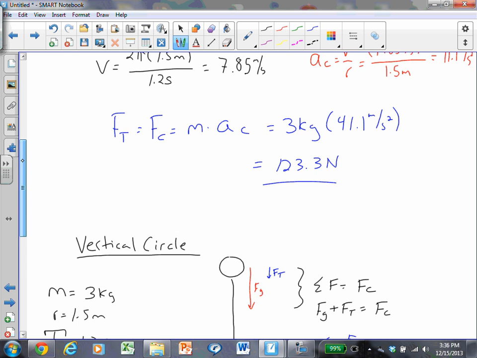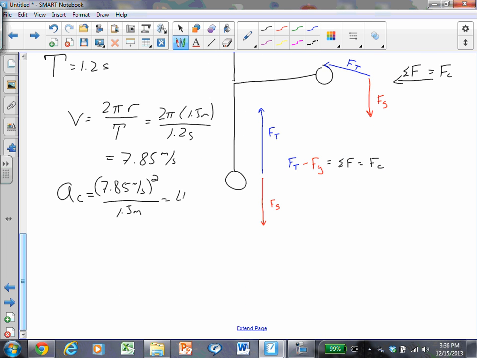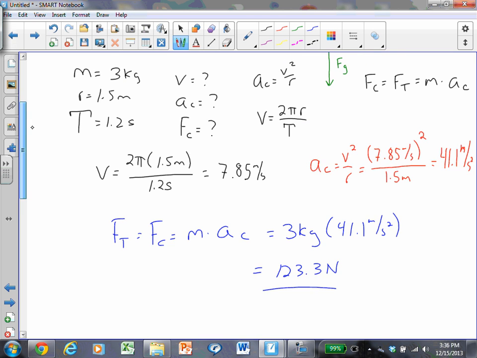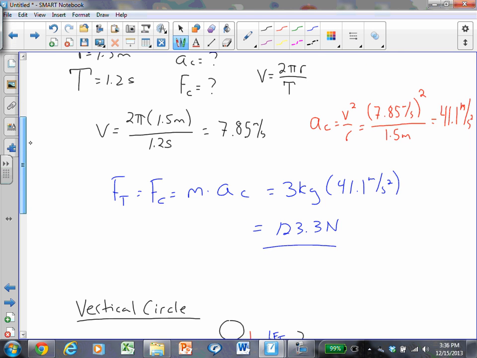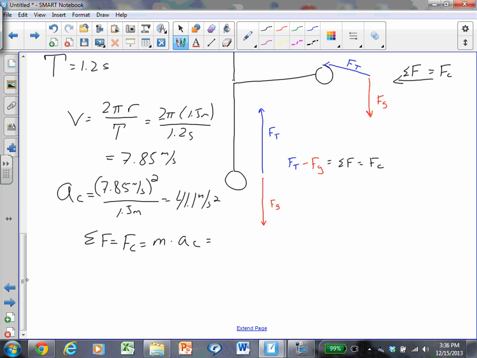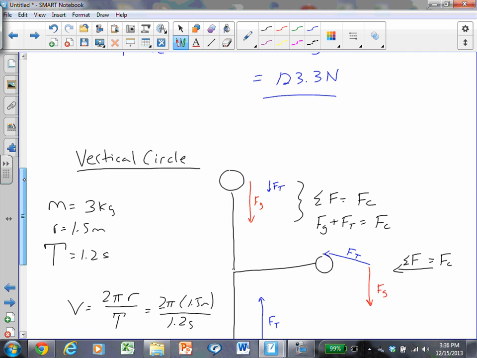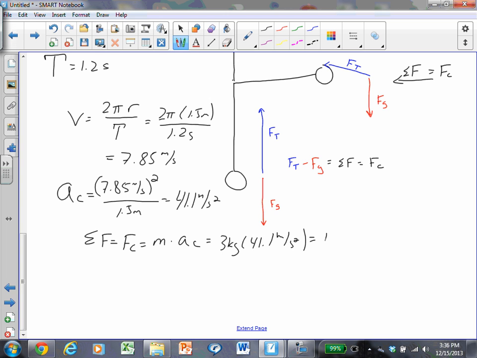It's 41.1 meters per second squared, which means the sum of the forces, which is Fc, is still m times ac, which would still be the mass of 3 kilograms times 41.1 meters per second squared, or 123.3 newtons.